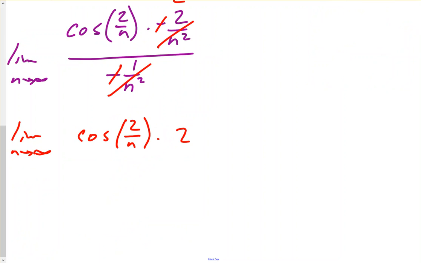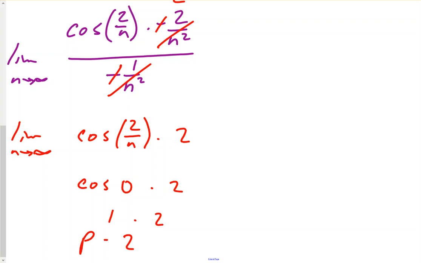So now think what happens as n approaches infinity. As n approaches infinity, 2 over infinity goes to 0. So we basically have cosine of 0 times 2. Cosine of 0 is 1, and 1 times 2 is 2.